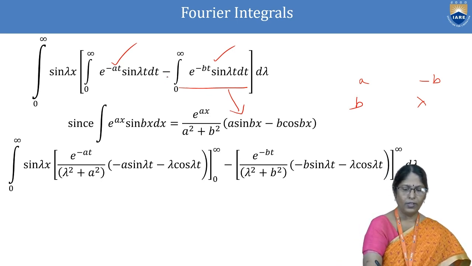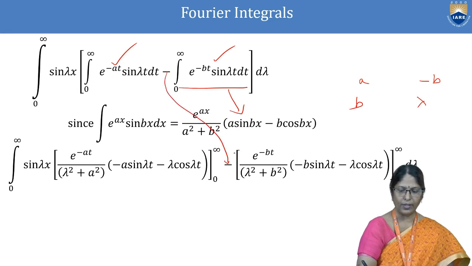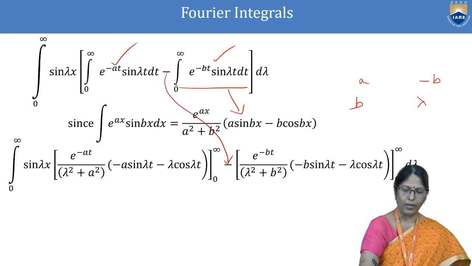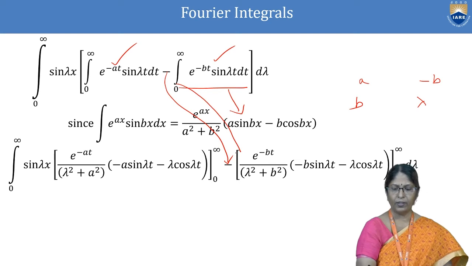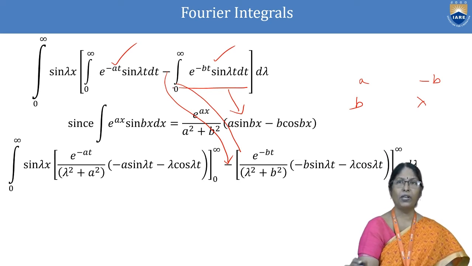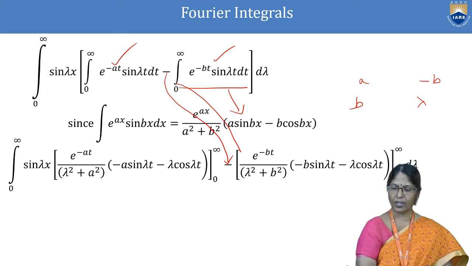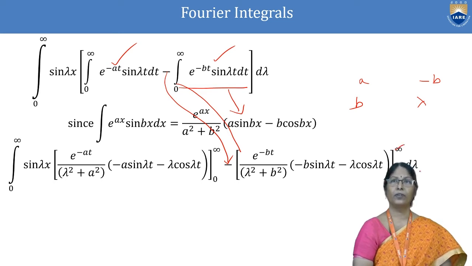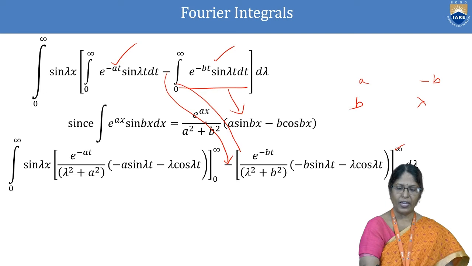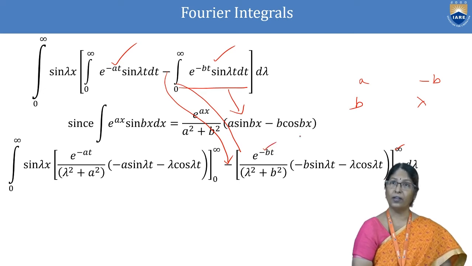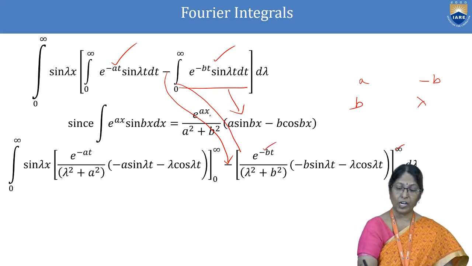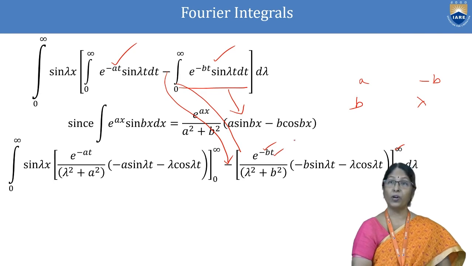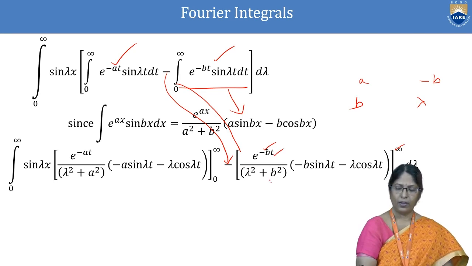Now this minus is written as it is. Integral 0 to infinity. After doing the integration, the integral symbol won't be there, so it has come out here. So e power ax, our a is minus b, with respect to t is our problem. This is a square.